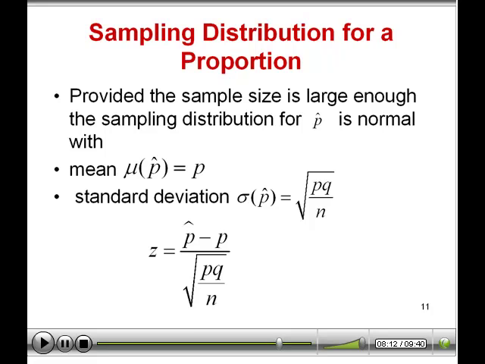And since the issue of making generalizations about sample proportions is a big one, I suggest you remember this important z-score formula.